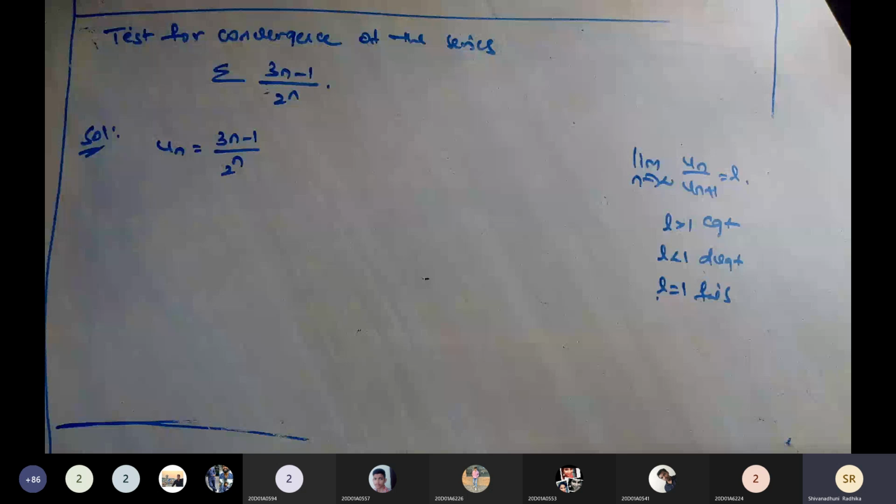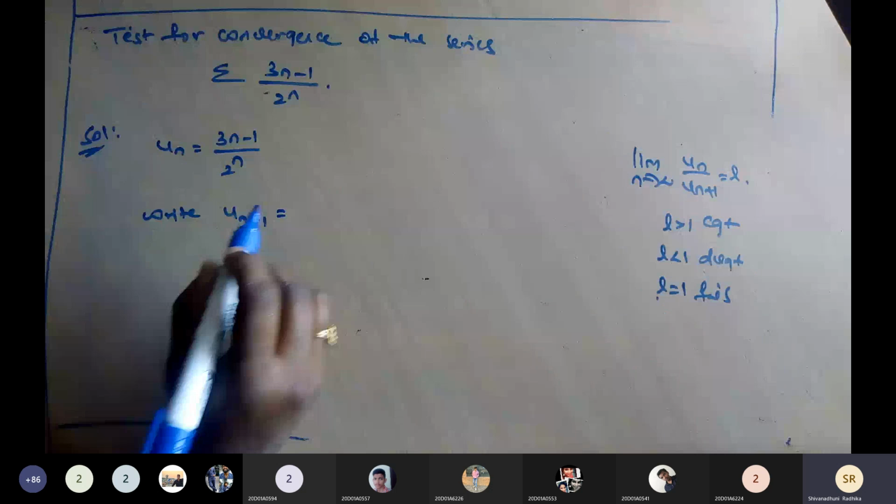Okay, listen. un equals 3n minus 1 by 2 to the power of n. Is it clear? Now immediately write un plus 1. What is the concept of un plus 1? By substituting n equals n plus 1, we get un plus 1. Simple logic.